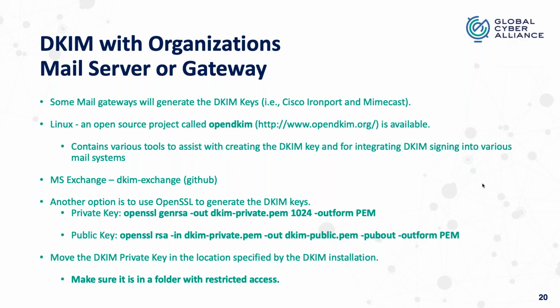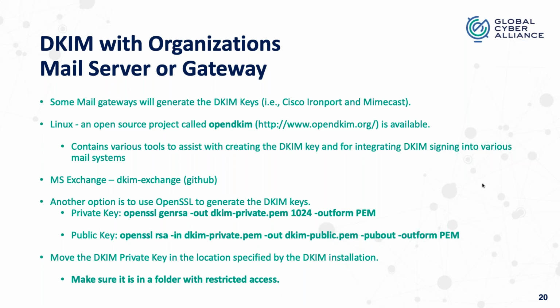If you have Microsoft Exchange servers, so physical servers, not online servers, not Exchange in the cloud or Office 365, Exchange on-prem servers, they by default don't have DKIM capabilities built in. You have to use a third-party tool. One example is DKIM Exchange, and there are other ones.